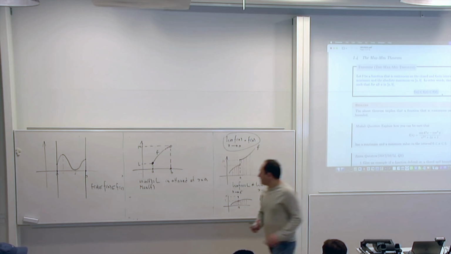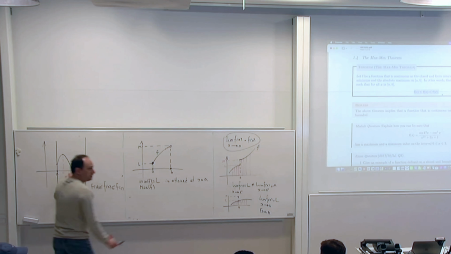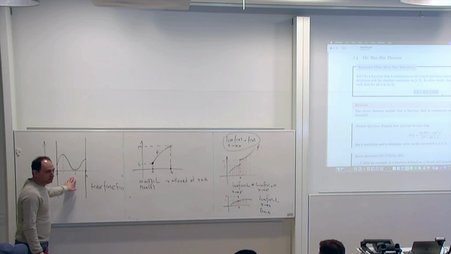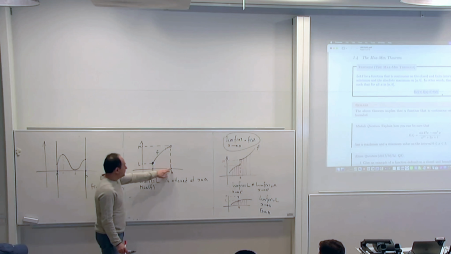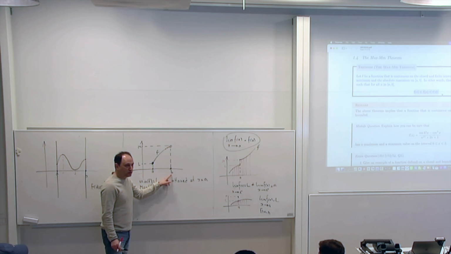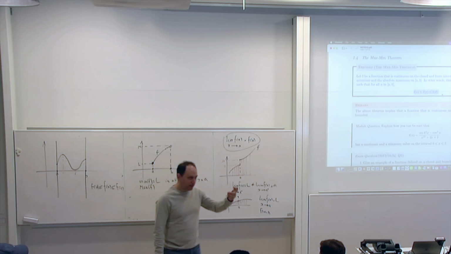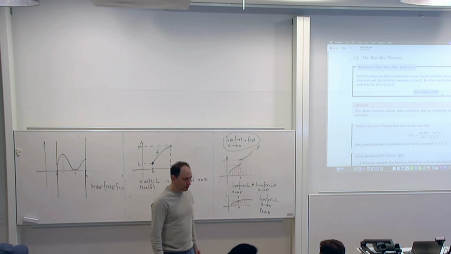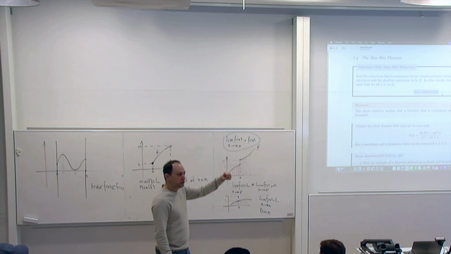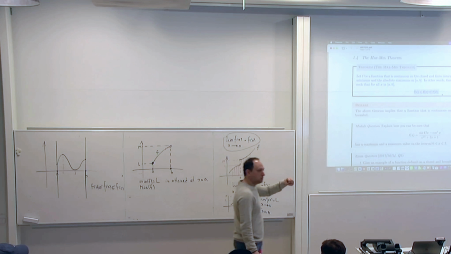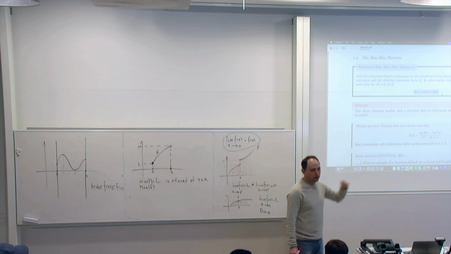Okay? So, do you think this is falsifying this theorem? No, because was the interval closed? No, it was not closed. So that is why continuity and closedness are essential to this theorem. If you relax one of these conditions from the theorem, might be the result is no longer valid.